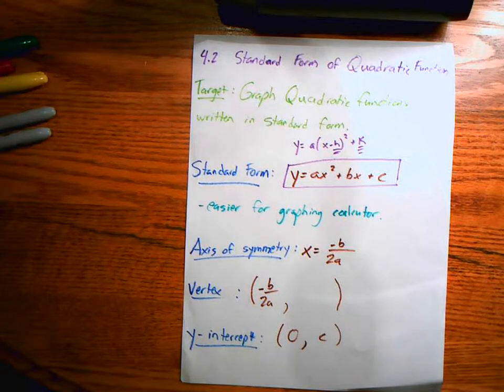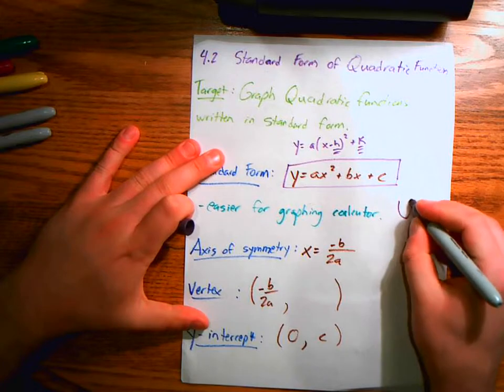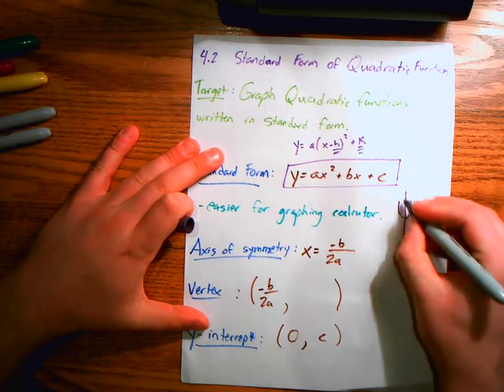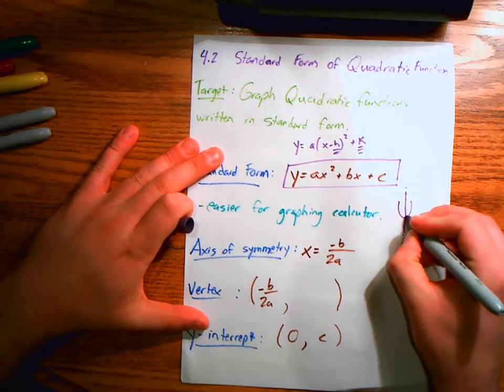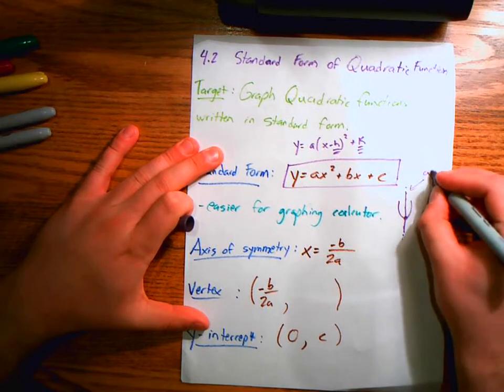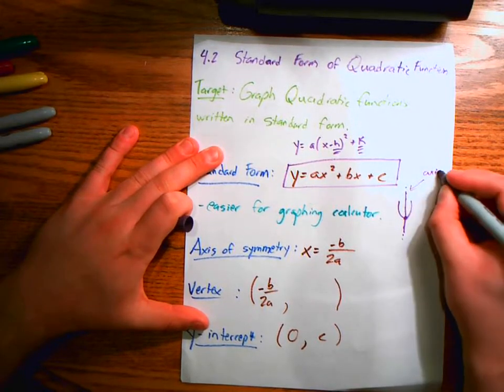Now the same two pieces of information from vertex form can be applied to standard form, where we were finding the axis of symmetry, which is the line that goes directly between a quadratic function and the vertex. So that line is the axis.